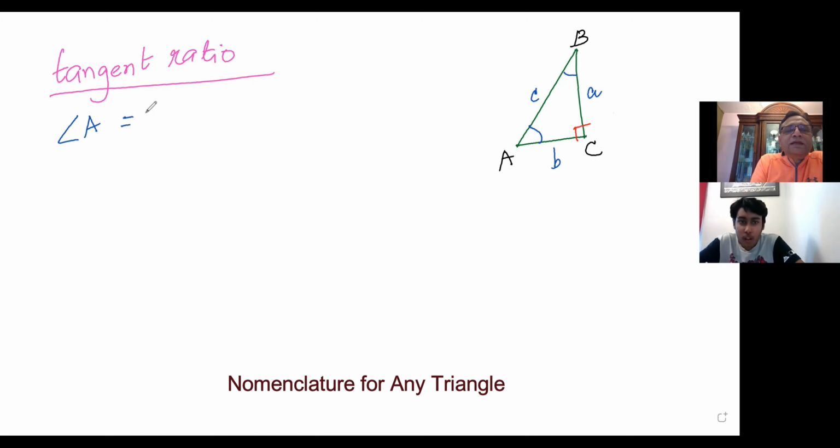Let's say angle A is 30 degrees. We're talking about angle A as 30 degrees. I could write now that let b be equal to, let us say, square root of 3, and then solve the triangle.